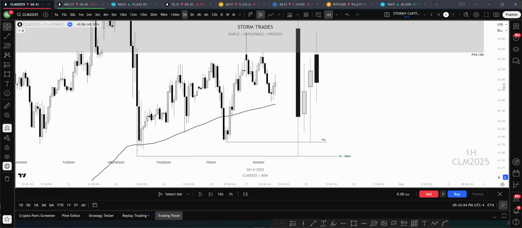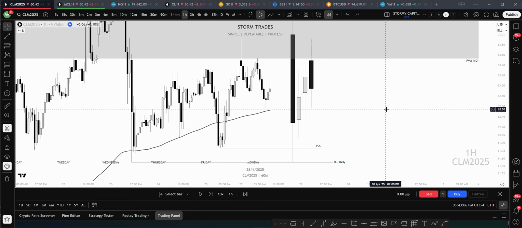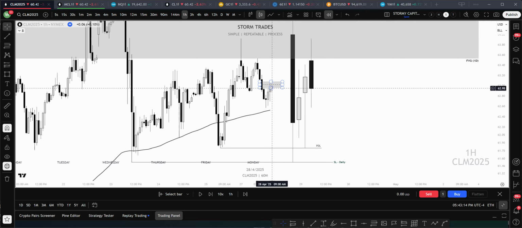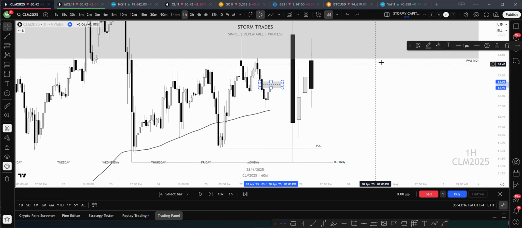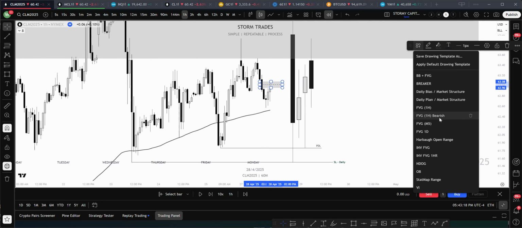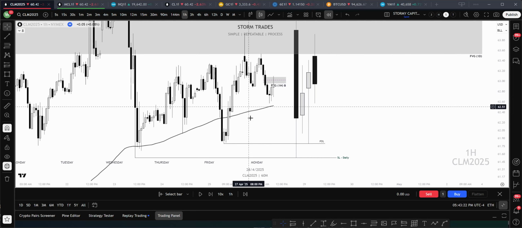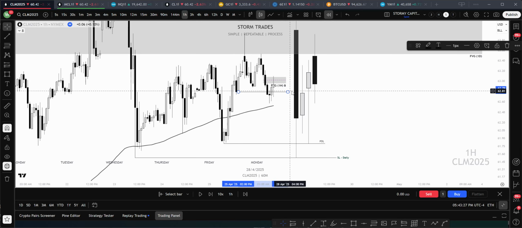Where is price currently located? Well, right now we're currently located inside of this bearish hourly fair value gap. We also have closed below this hourly change in the state of delivery.